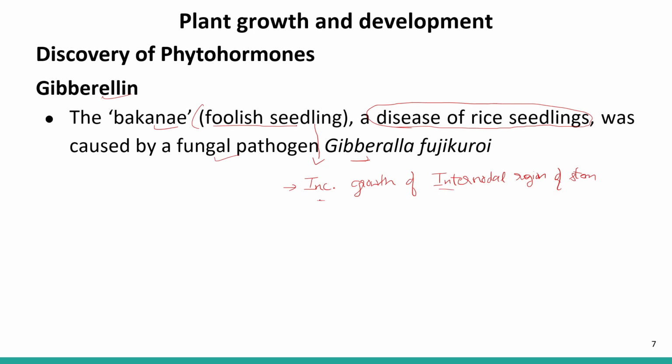It was because of the presence of a substance which was released by the fungus Gibberella fujikuroi, and this substance was later identified as gibberellins.